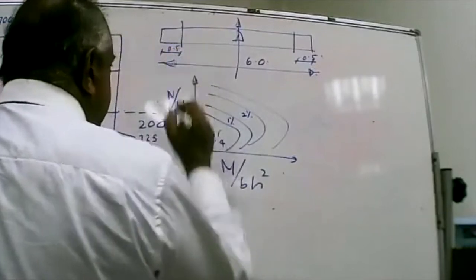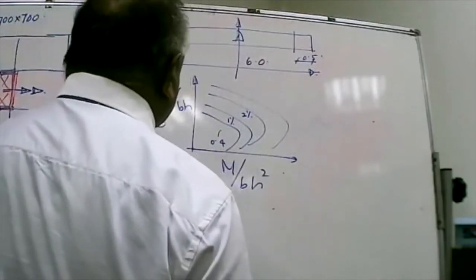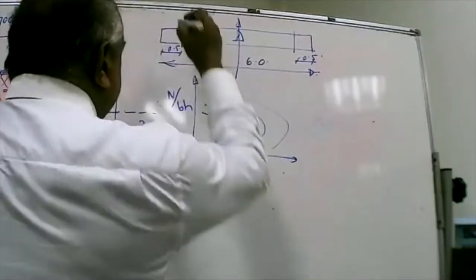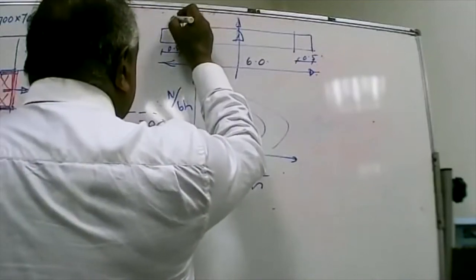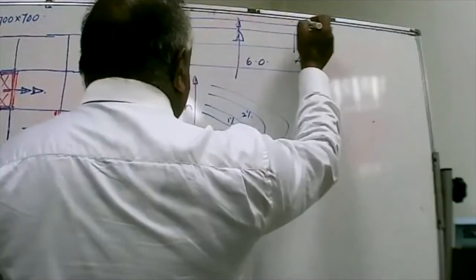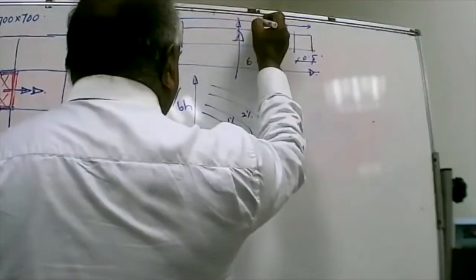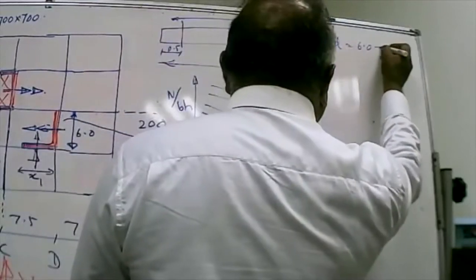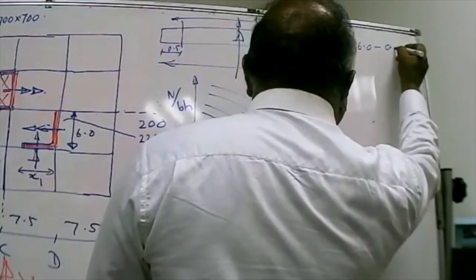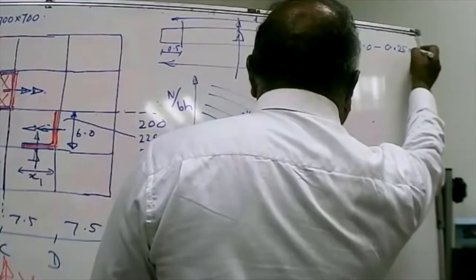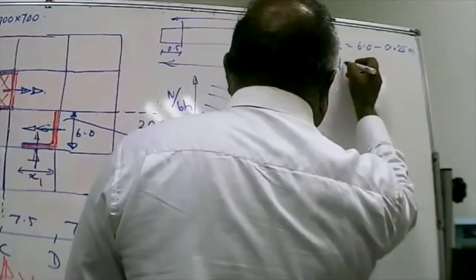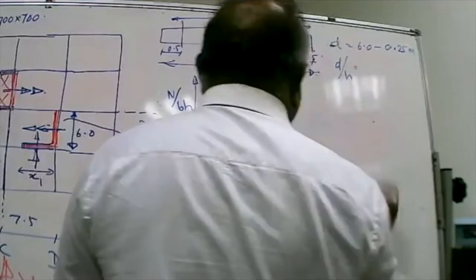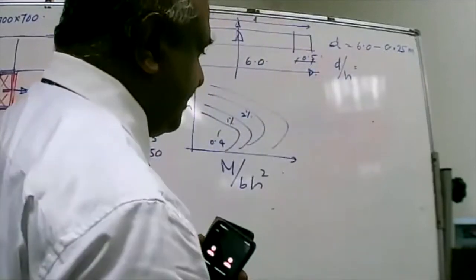At the edges, ends, we consider a length of 0.5 meters. So the effective depth D will be 6.0 minus 0.25 meters. And then you can find the D over H ratio, which will come close to 0.9.